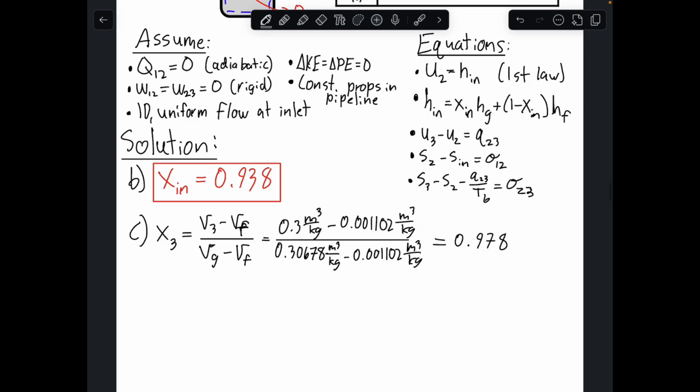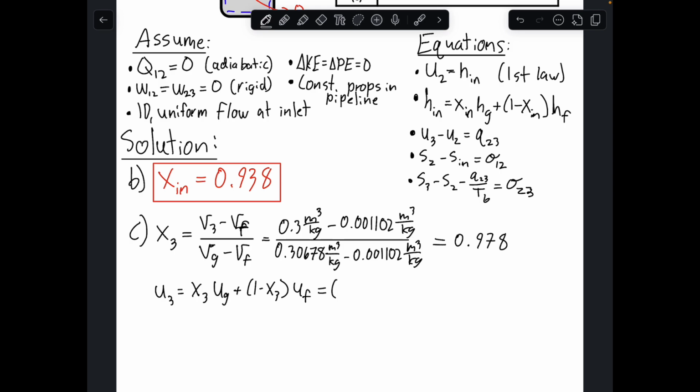So our U3 is going to be equal to, now again we can just use this same equation here, but instead of having H, we're going to have U for these different states. So U3 should be equal to X3 times UG plus 1 minus X3 times UF.